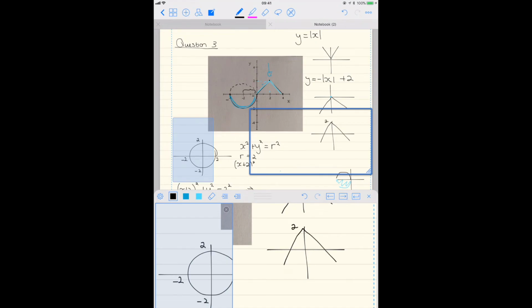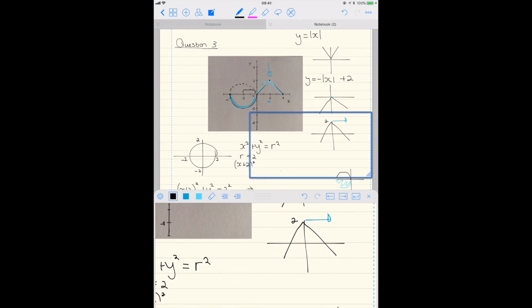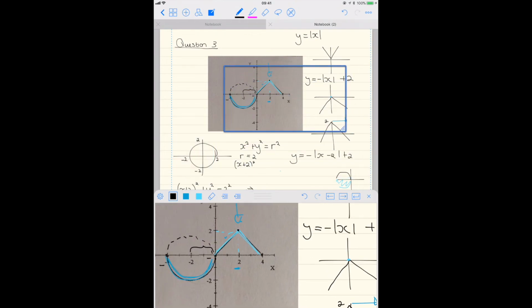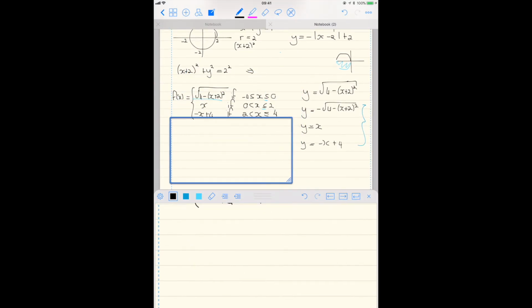But now it's also been moved to the right by 2 units, which you can see here. So we're going to change the x value as well. We're going to say y is equal to minus the absolute value of (x minus 2) plus 2. Then it will look like this one. So then we will have the half circle.